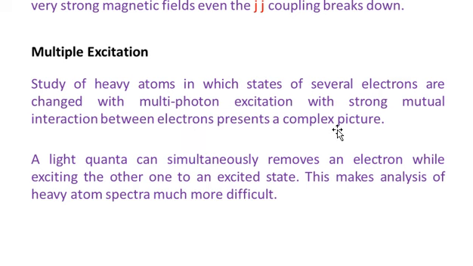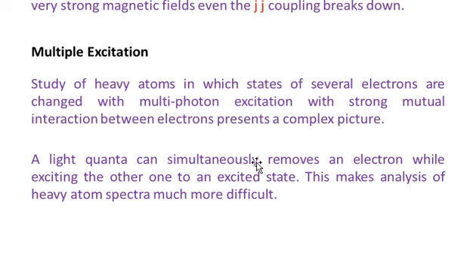So you see that the atom is heavier, and we are using multi-photon excitation. Due to that, there will be a complex number of spectra, and of course there will be complex interactions between the electrons, and due to the complex interaction the spectra is complex, and such a complex spectra is difficult to analyze.